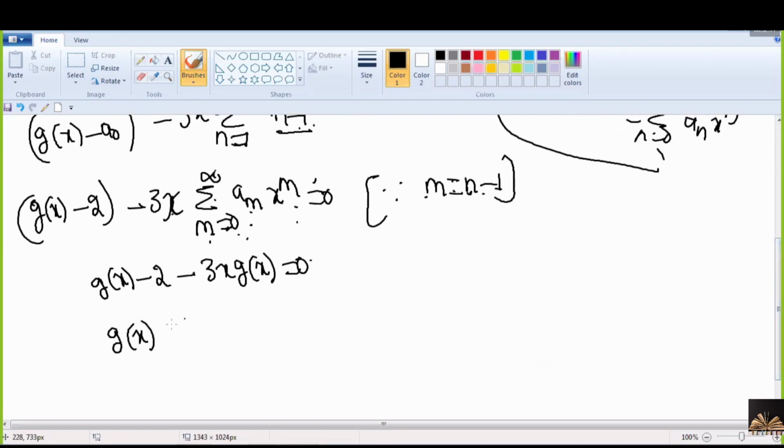Take g of x as common, then it is 1 minus 3x equal to 2, and g of x equal to 2 by 1 minus 3x.